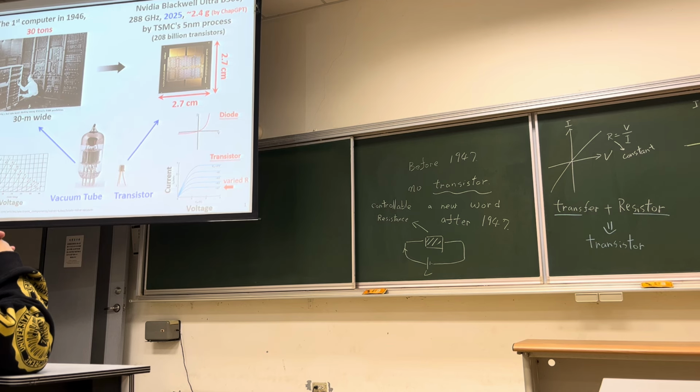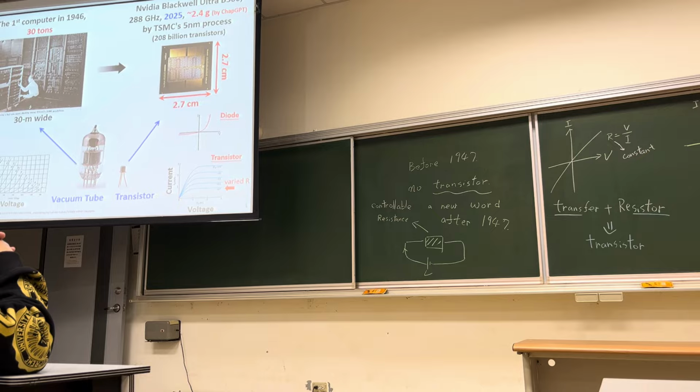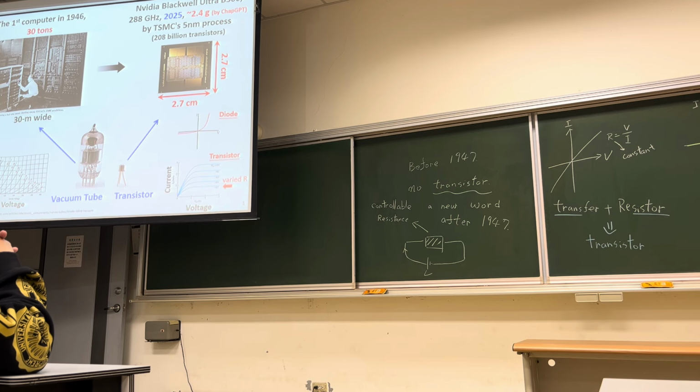Each working point will give you a certain current, I1, I2, I3, I4, and it will give you a certain resistance, R3, R2, R1, right?